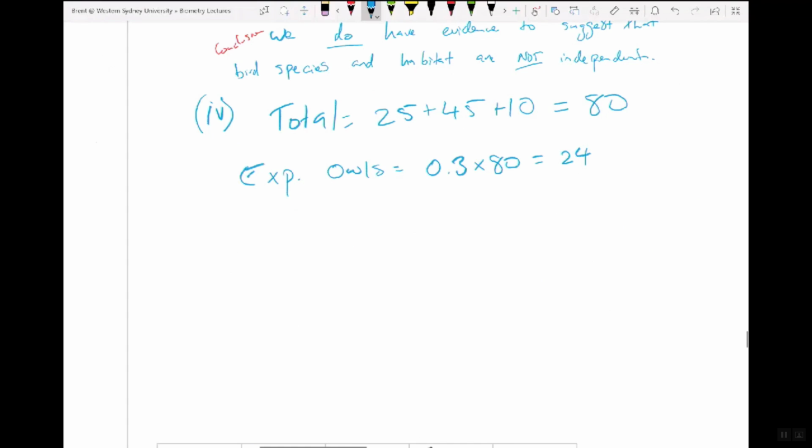Those proportions should apply to a sample or a population of size 1,000 or 10,000 or 10 million. The point is we have a sample of 80. Out of those 80, if the proportions are correct, how many do I expect to see in each case? I expect to see 30% of that 80 as owls, 50% of that 80 as crows, and 20% of that 80 as eagles. And that is how you would answer that question from start to finish.